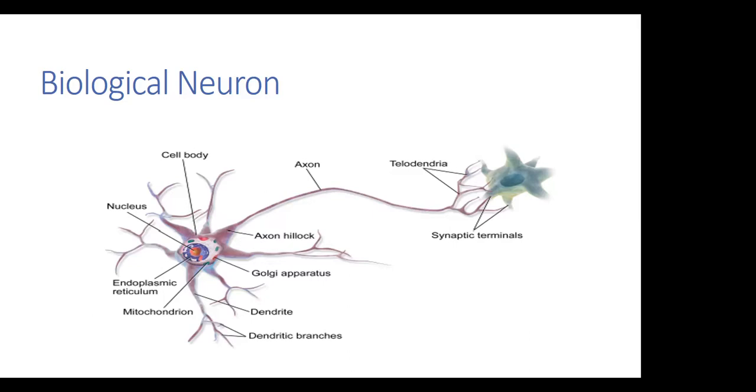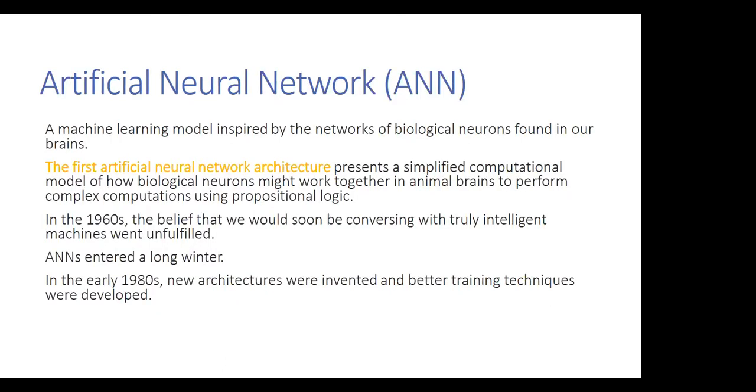And so each neuron can make contact with lots of other neurons. And the artificial neural network is a machine learning model which is inspired by the network of biological neurons found in our brains.